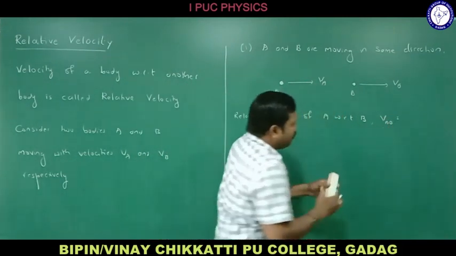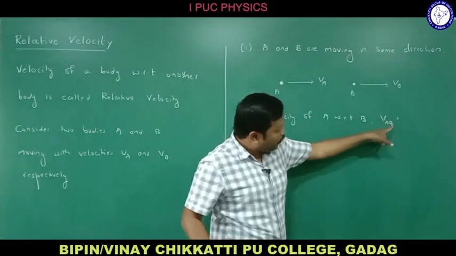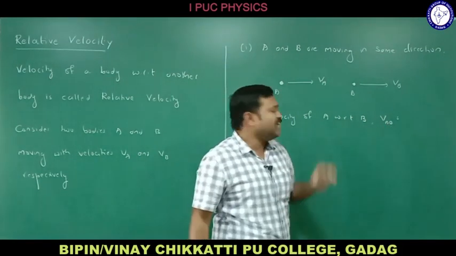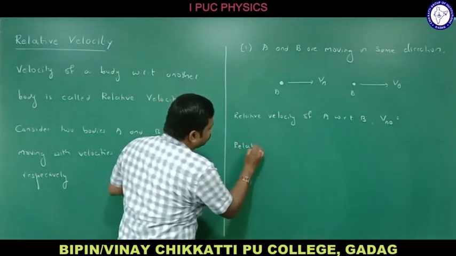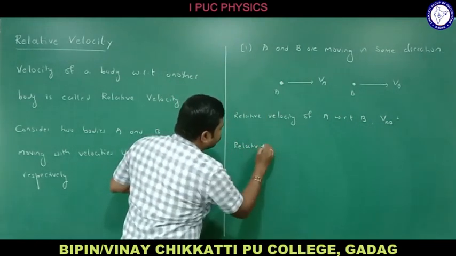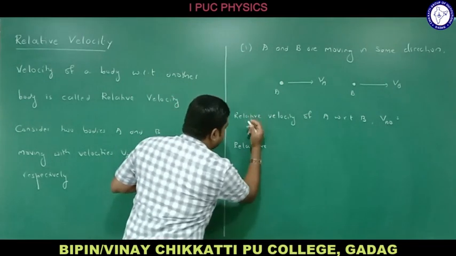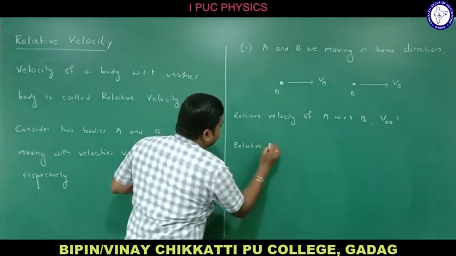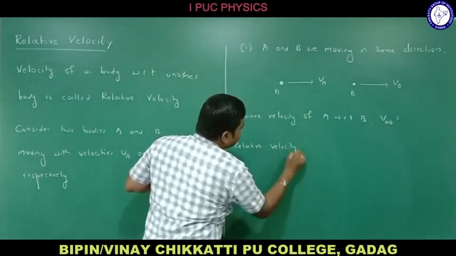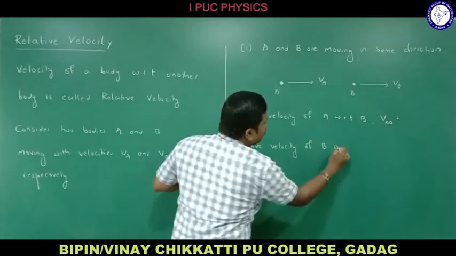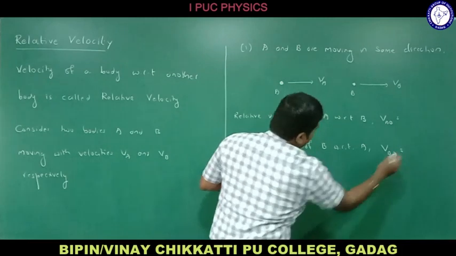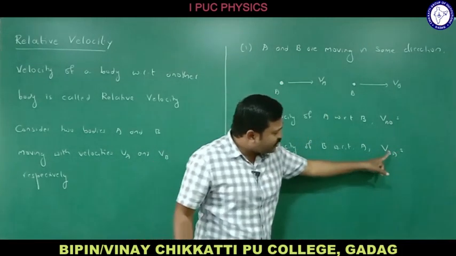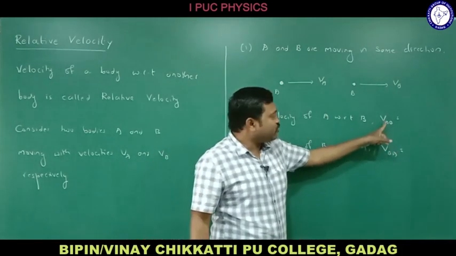What is the meaning of VAB? Relative velocity of A with respect to B. Let me also find the relative velocity of B with respect to A. It is denoted by VBA. Right, relative velocity of B with respect to A, and relative velocity of A with respect to B.